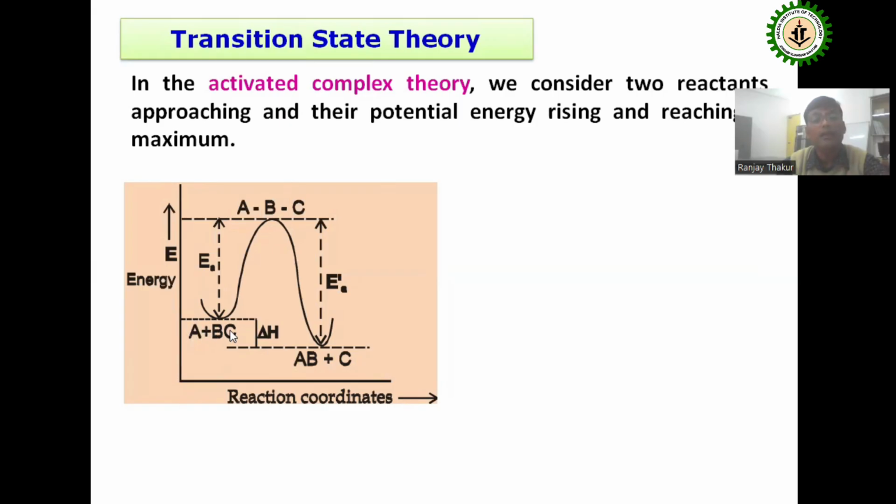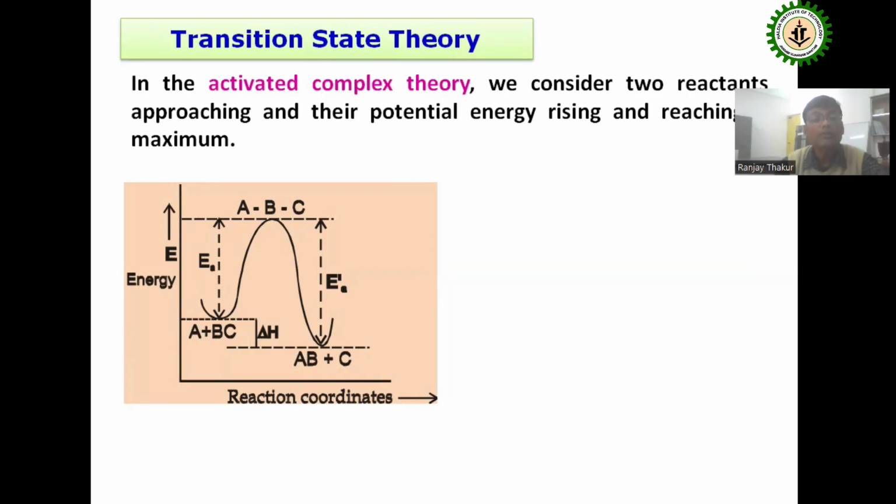as A and BC are both stable, to convert them into product, first our target is to activate them, to convert them into a reactive form. For that, we have to increase their internal energy. We have to supply energy from outside sources to increase the energy level of the complex.